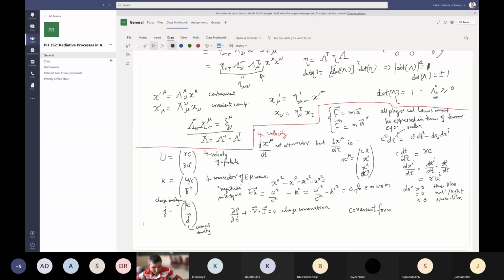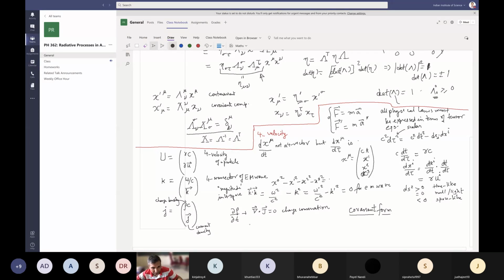This is not a covariant form because we are not using 4 vectors here. We are using spatial vectors and time. For a covariant form, we should be able to write it in terms of 4 vectors.